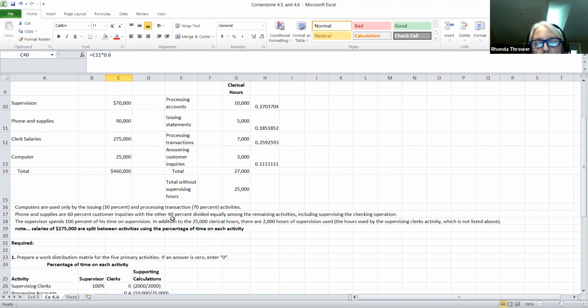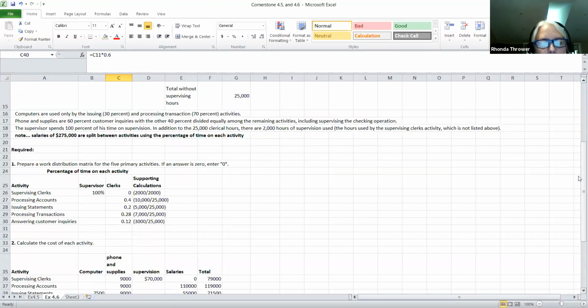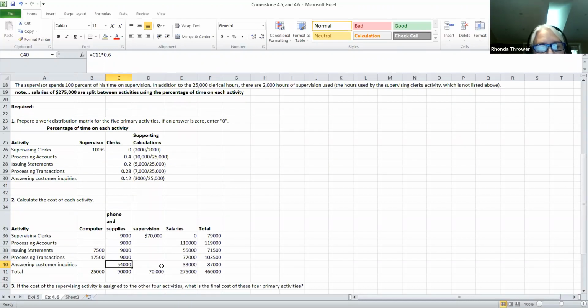We're going to divide that 40% of the $90,000 by 4 activities, the 4 remaining activities. The remaining activities were supervising clerks, processing accounts, issuing statements, and processing transactions.